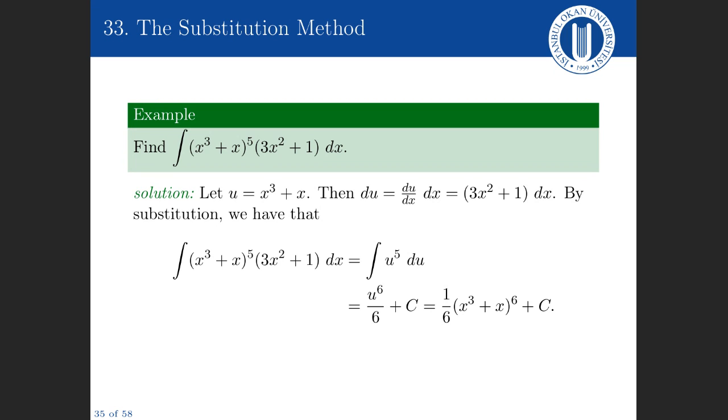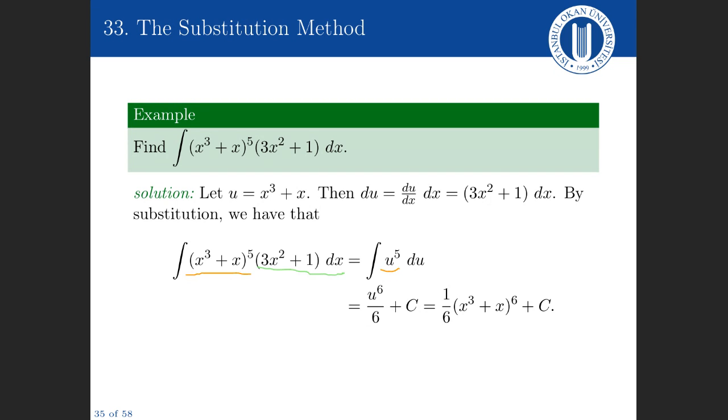What we do is we start by choosing a u. For this integral, I want to choose u is equal to x cubed plus x. Then the idea of the substitution method is du is equal to du dx dx, which for us is 3x squared plus 1 dx. So we can do the substitution. Instead of x cubed plus x to the power 5, we have u to the power 5.